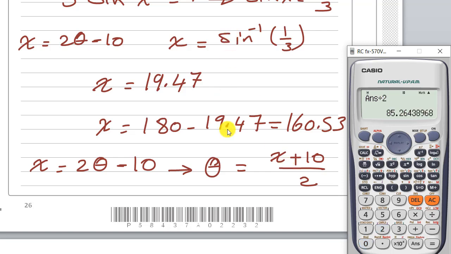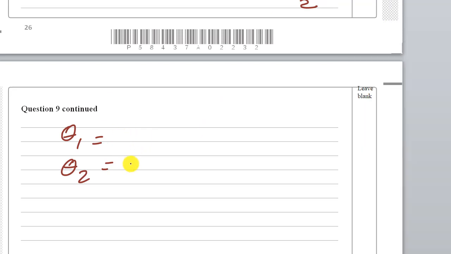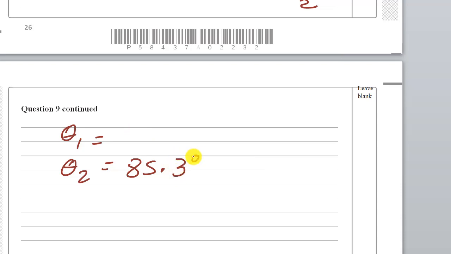So the second theta is 85.27, again we need one decimal place, so 85.3 degrees.